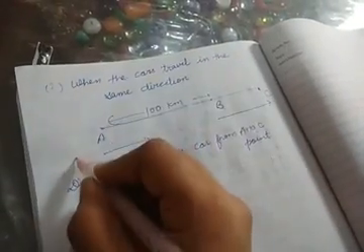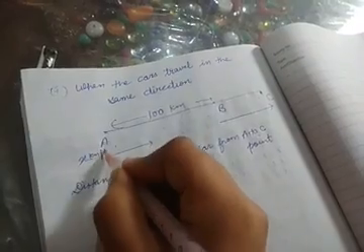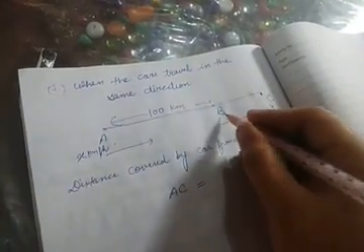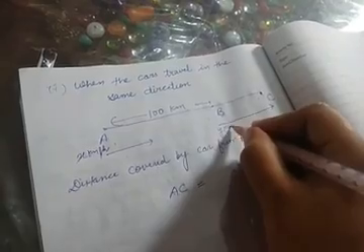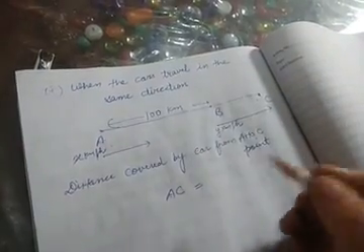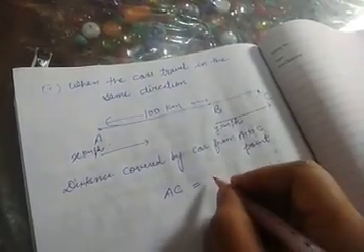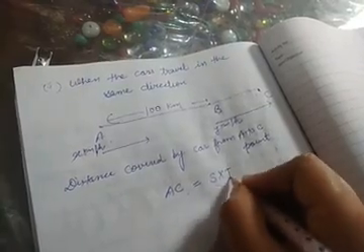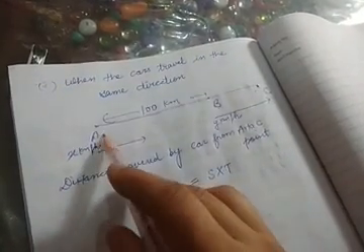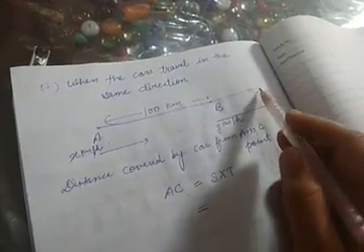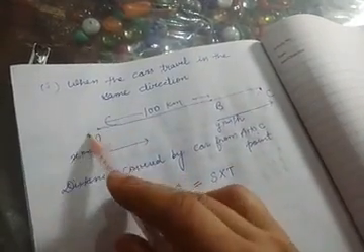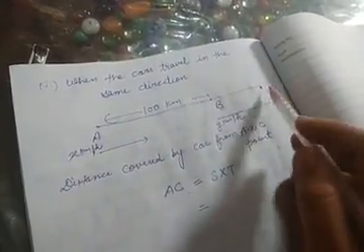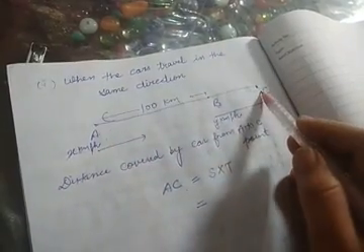Speed of the car starting from A point is x kilometer per hour, and speed of car starting from B point is y kilometer per hour. And what is distance? That is speed into time. From A to C, the car is taking 5 hours to reach from A to C point.